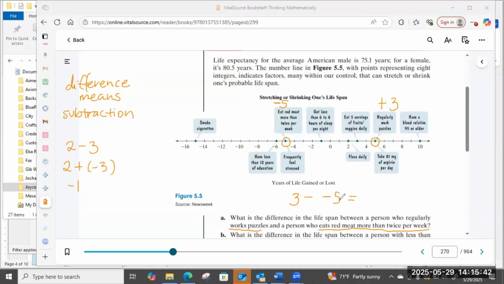And remember, when we're subtracting a signed number, we're going to add its opposite. So 3 plus +5, which gives me a difference of 8 years. And notice that if I count along the number line, here's 1, 2, 3, 4, 5, 6, 7, 8.